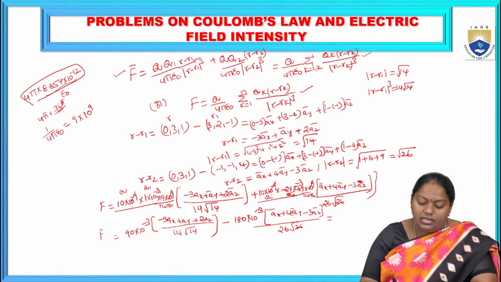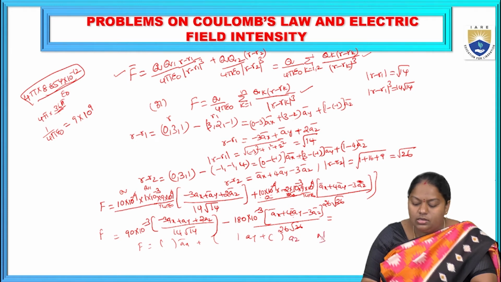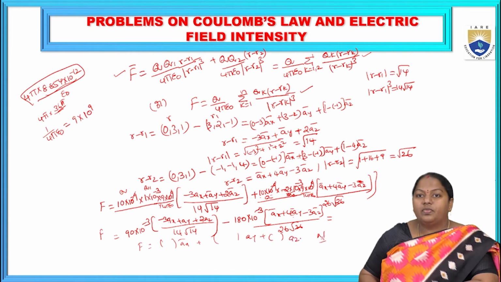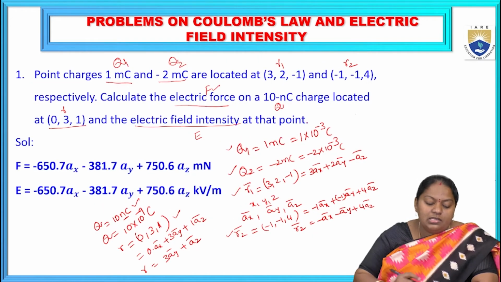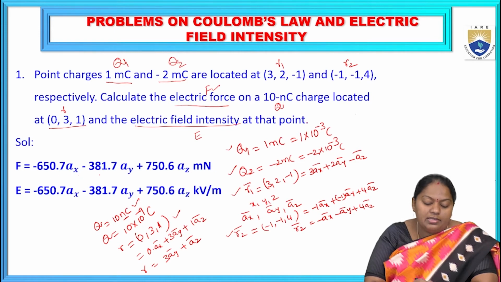Now if we simplify the entire equation, then F is equal to something into ax plus something into ay plus something into az newtons are to be obtained, right? So that something value is to be obtained. If you simplify the entire equation, we are going to get minus 650.7 ax minus 381.7 ay plus 750.6 az into 10 power minus 3.